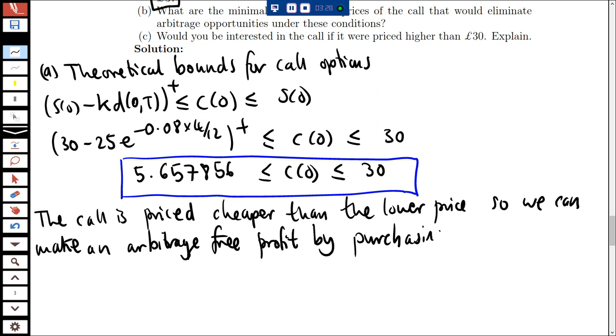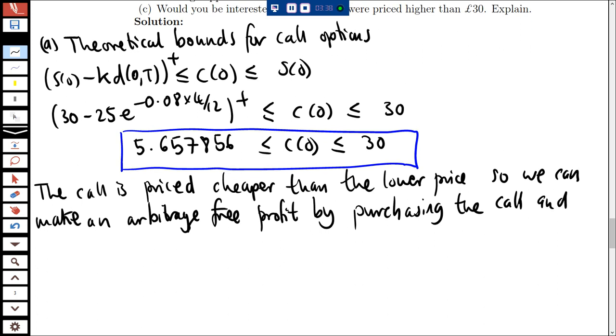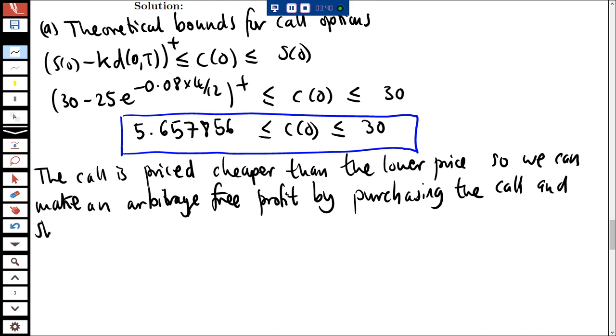Well, if the call is undervalued, we're going to purchase it, and to hedge our bet, we're going to short sell the stock.